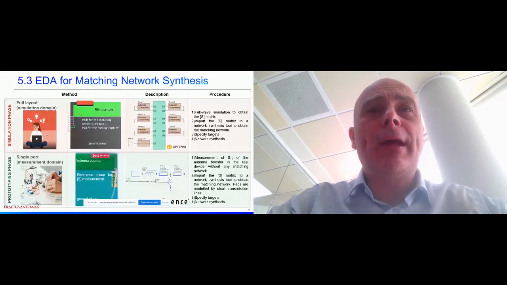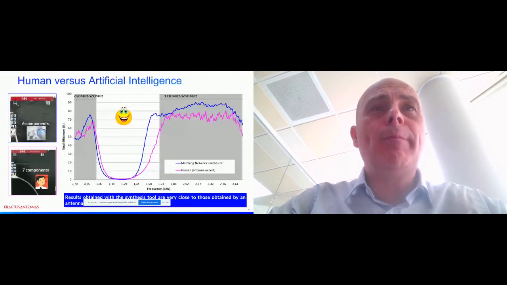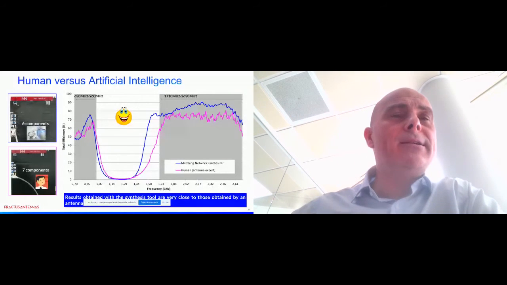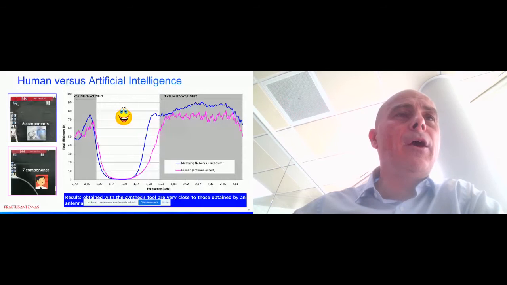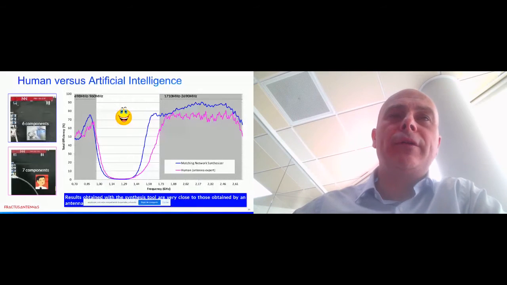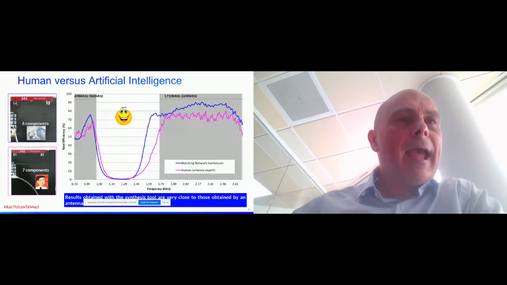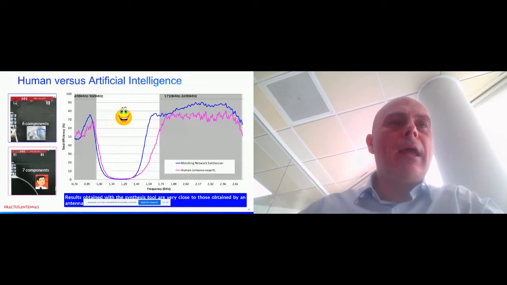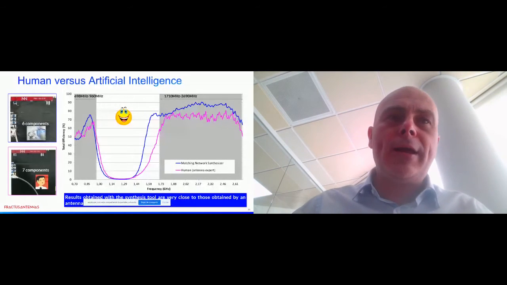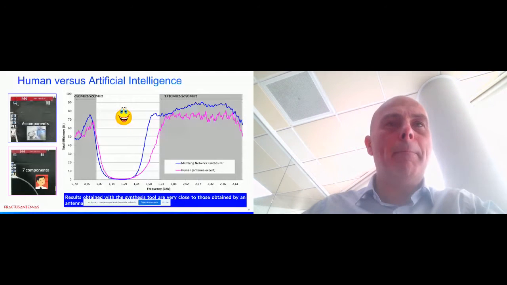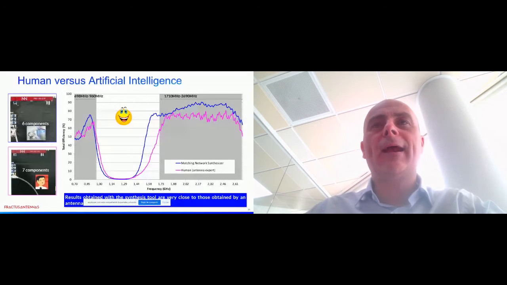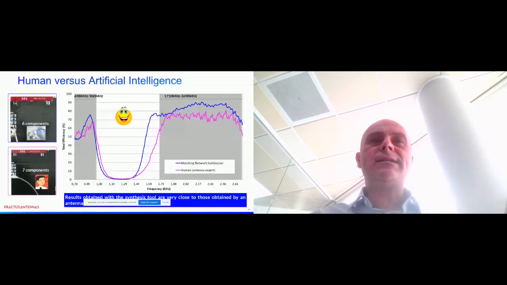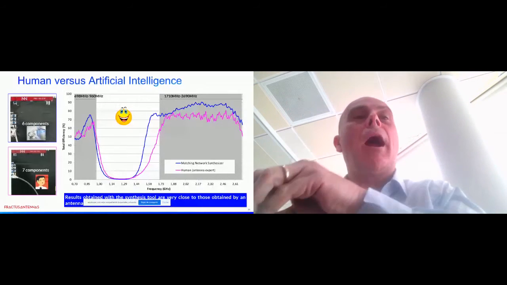Here is just to illustrate how this kind of EDA tools based on artificial intelligence are useful. Here we are comparing a nice design for the Trio MX10 operating on many LTE bands, low frequencies and high frequencies. What we did is we did the matching network using our brain power, and we ended up with 7 components. You can see very nice efficiency in pink color in the low frequencies and high frequencies. And we did the same using this kind of systematic approach.